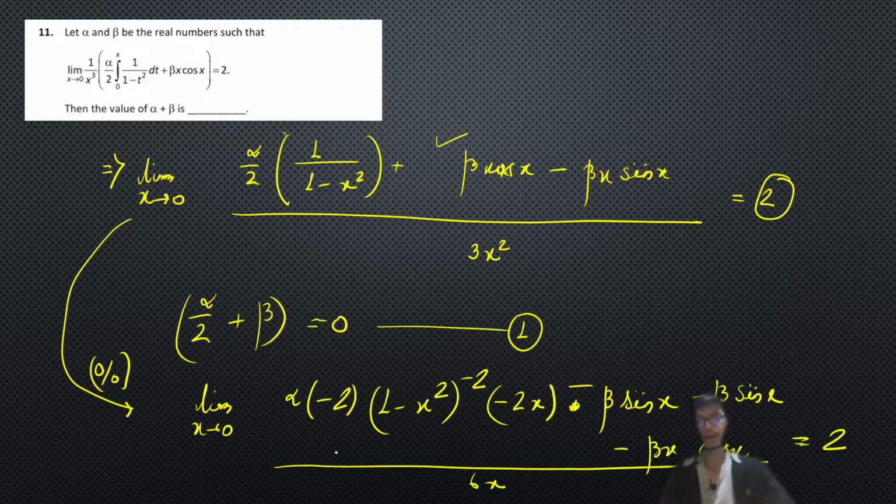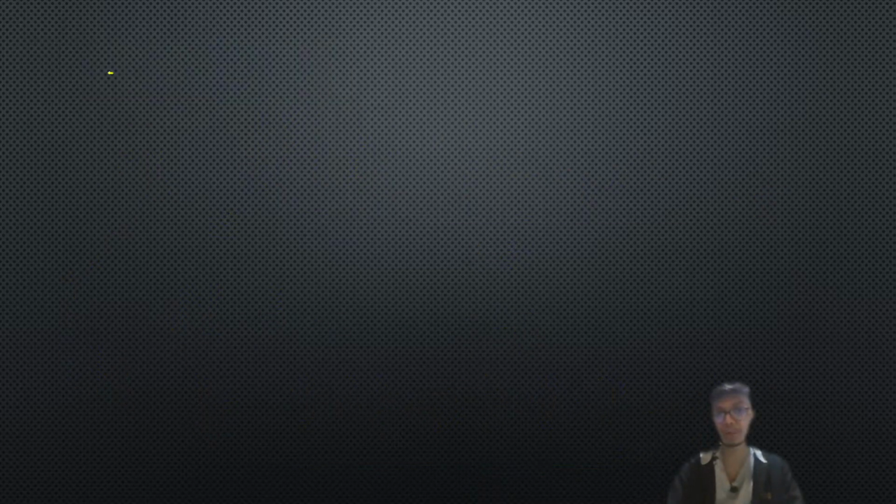Again I see that this becomes a 0 by 0 form. So in order to get a finite result, we again have to differentiate it. That's what the statement of the L'Hopital rule is.